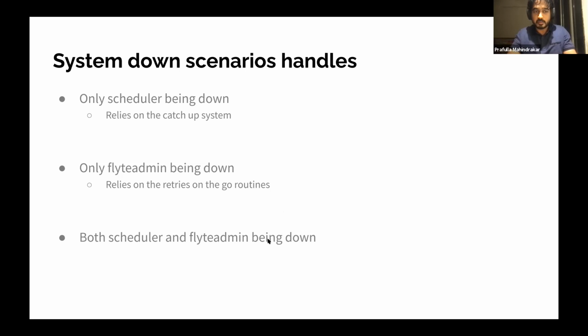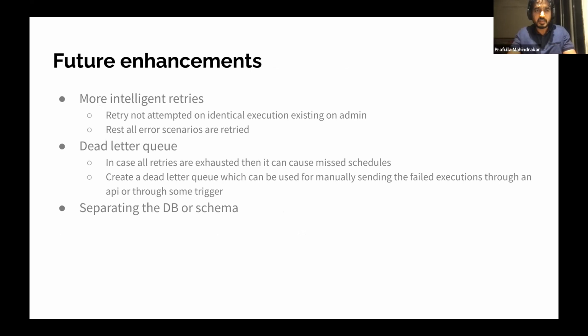We also support both the scheduler and Flyte admin being down. This also is supported, and the catch-up system will take care of it. And the future enhancements are basically more intelligent retries. Currently, we just have retry on all attempts. So that's the one we want to target.